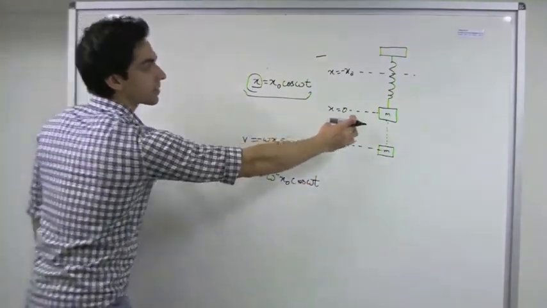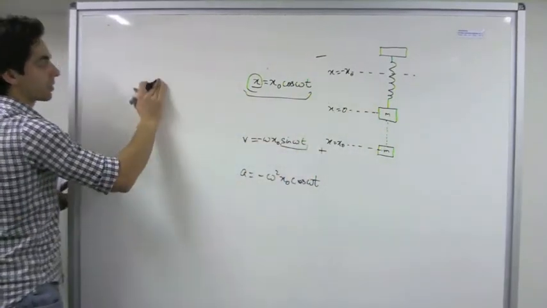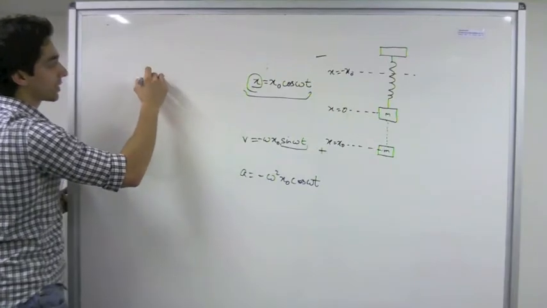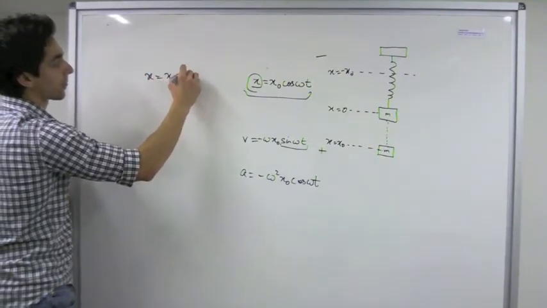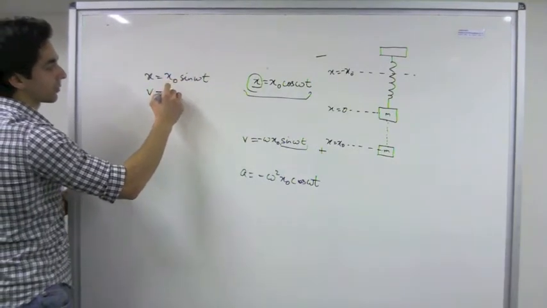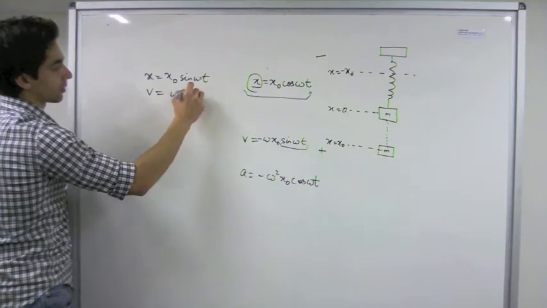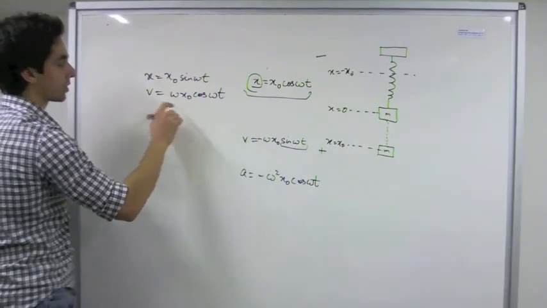Now let's say the timer had started when we were at the equilibrium position and moving towards the positive. That would be a sinusoidal function. Again, just differentiate this once and you will get the equation for velocity.